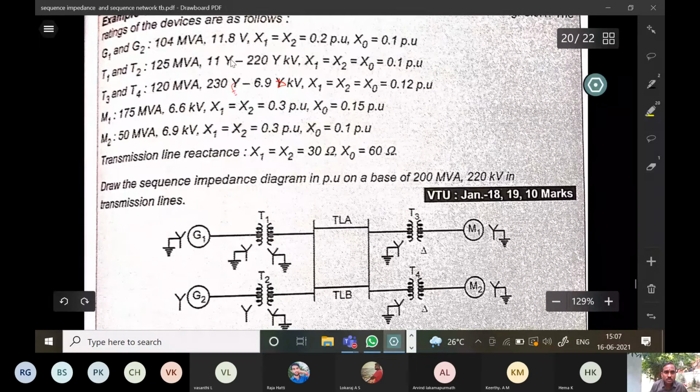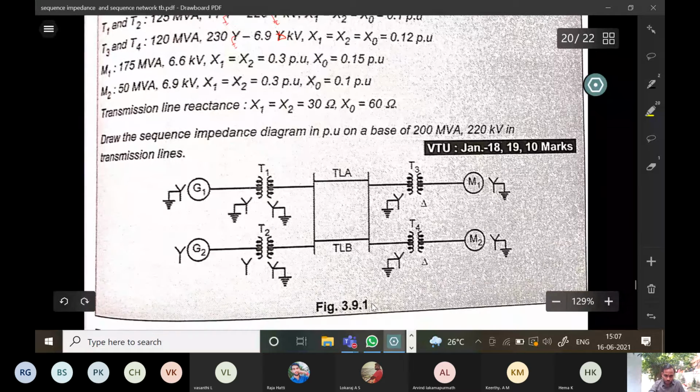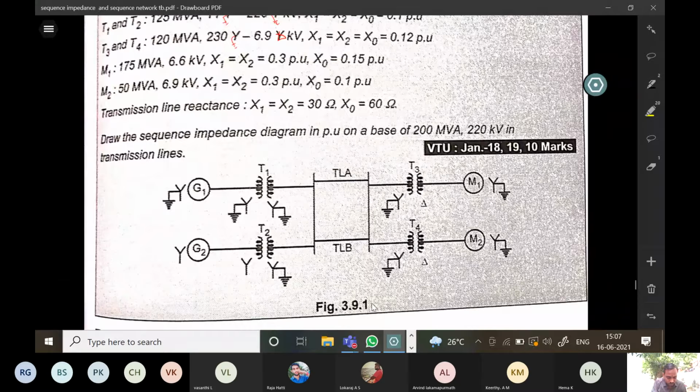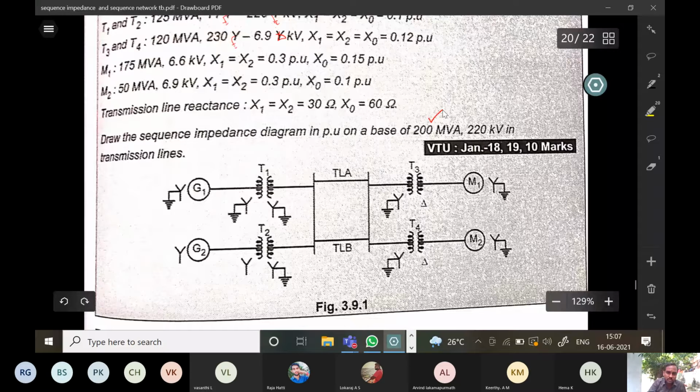In all the cases, star grounded. Draw the impedance diagram in per unit, and take the base MVA as 200 MVA, and the base kV for the transmission line is 220 kV.